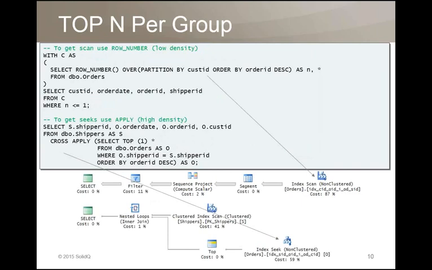Top n per group means we want to return a certain number of top rows for each group based on some order. For example, show me the most recent order per shipper, or show me the most recent order per customer, right? So it's not like the max or min, because we need to return not just that aggregate, but also additional elements from that most recent row.